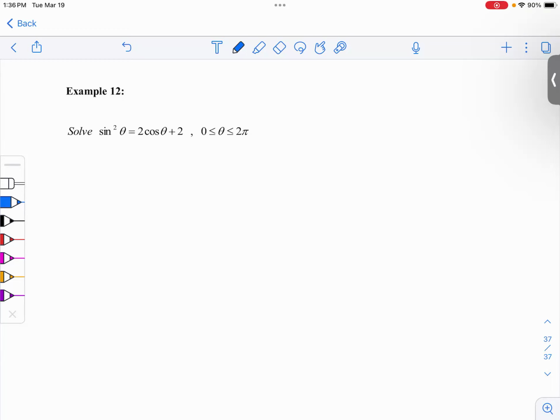When you have sine squareds, the easiest way by far is to convert the sine squareds to cosine squareds, because I have cosine not squared in this equation. So using the fundamental identity, or the adjustment of it, sine squared theta equals 1 minus cosine squared theta.